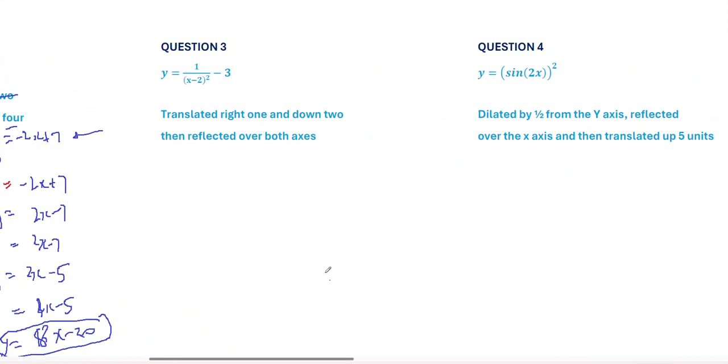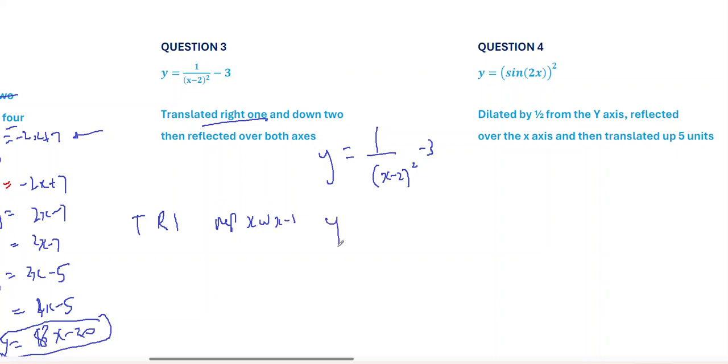And question number 3, I start with y equals 1 on top of x minus 2 squared minus 3. Translate right 1 unit, therefore replace x with x minus 1. So the x gets replaced with x minus 1, and to clean that up, I've got y equals 1 on top of x minus 3 squared minus 3.